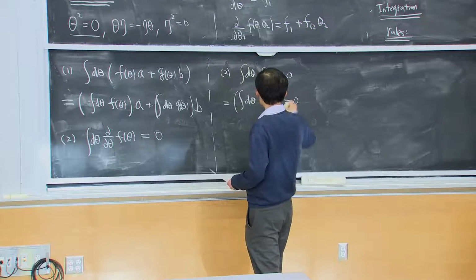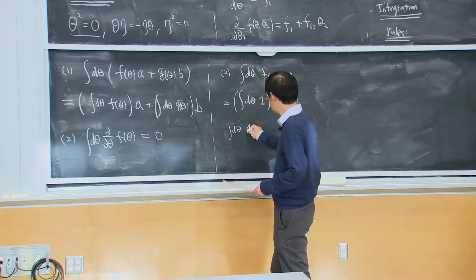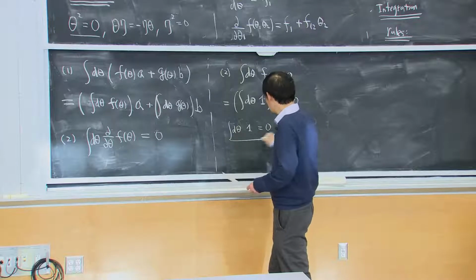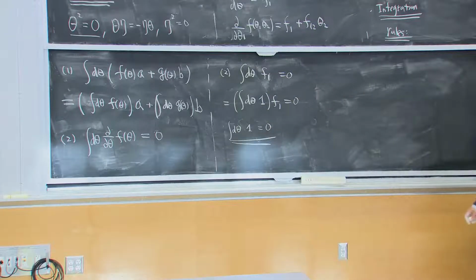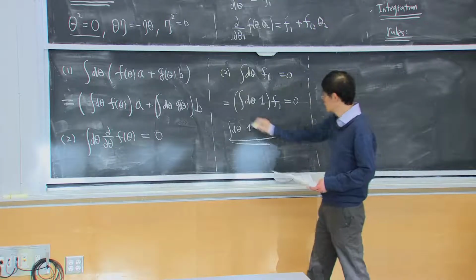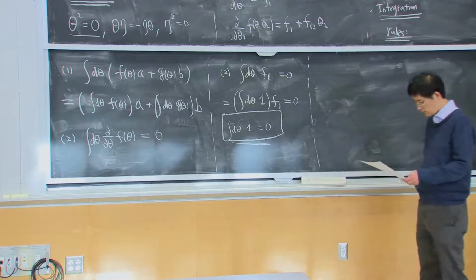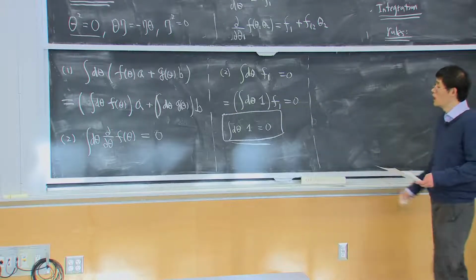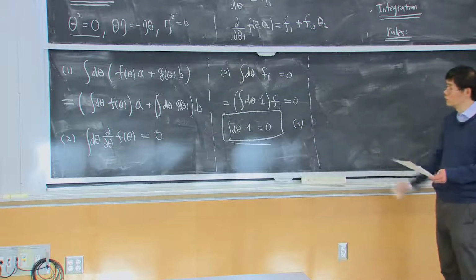So that means the integral d theta of 1 is equal to 0. Just d theta of any constant should be 0. This is one thing we deduce. Let's call this property 3, which of course follows from 1 and 2.